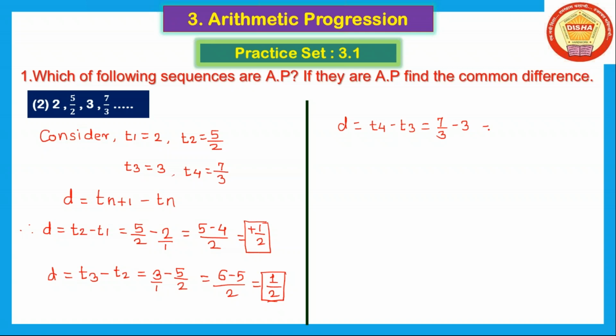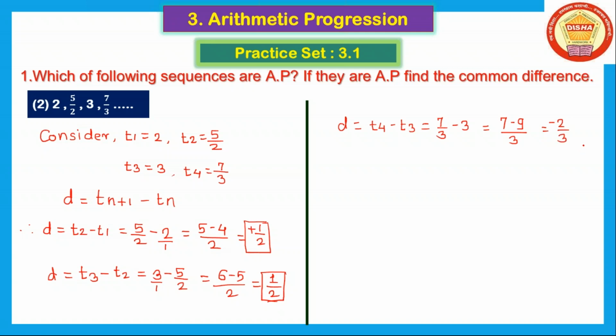We do the same here, cross multiplication, T4 minus T3, 7 upon 3 minus 3. Then we do 7 minus 9 upon 3, that is minus 2 upon 3.